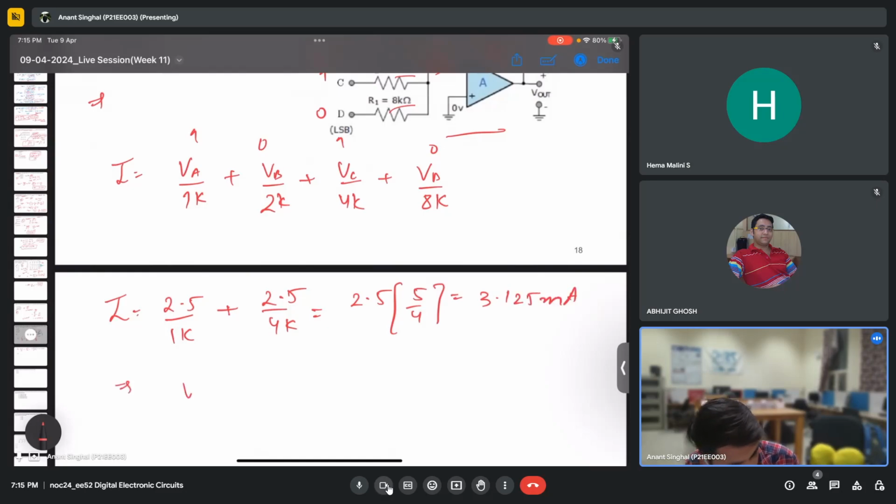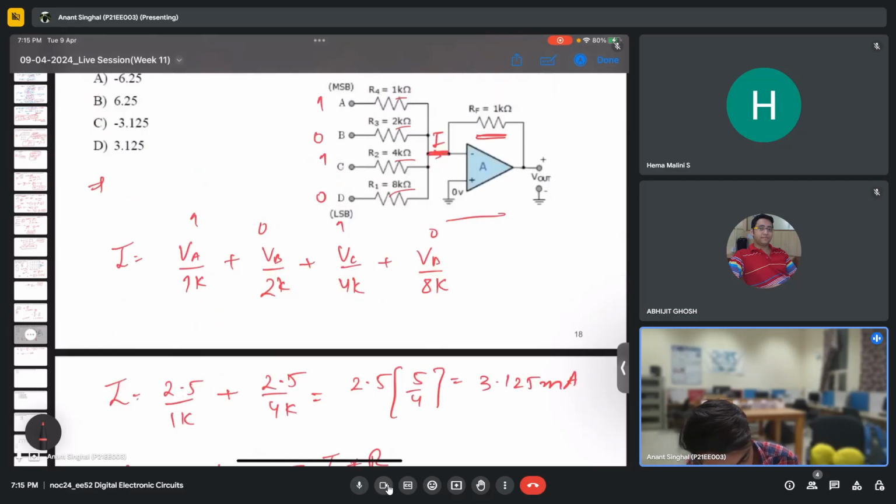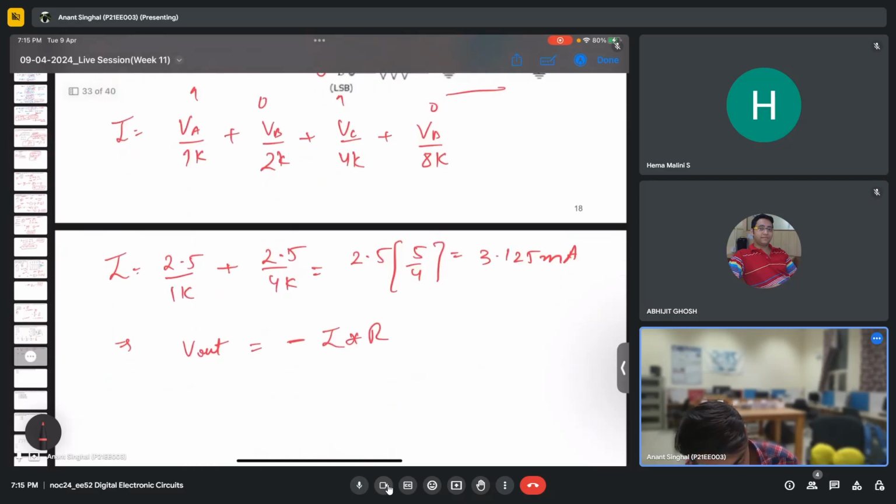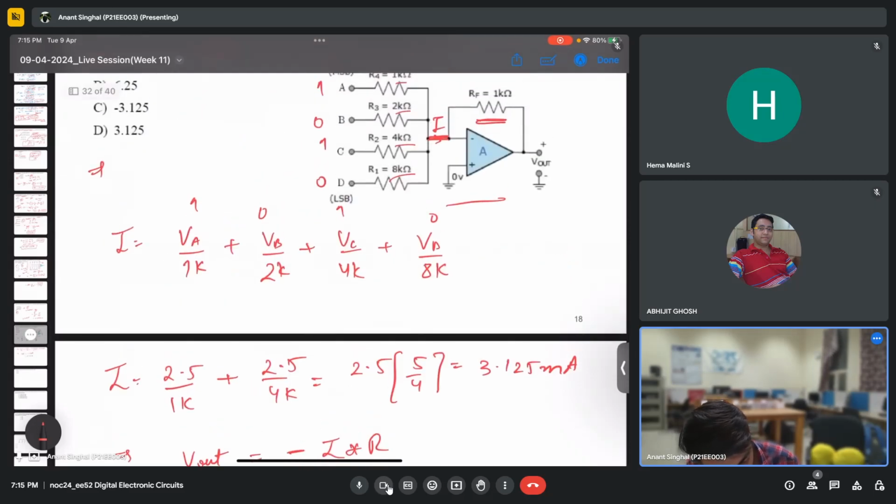And finally we need to calculate the V out from the op amp, which is minus I times this R, which is given as 1 kilo ohm. So this will be minus 3.125 times R, which is 1 kilo.